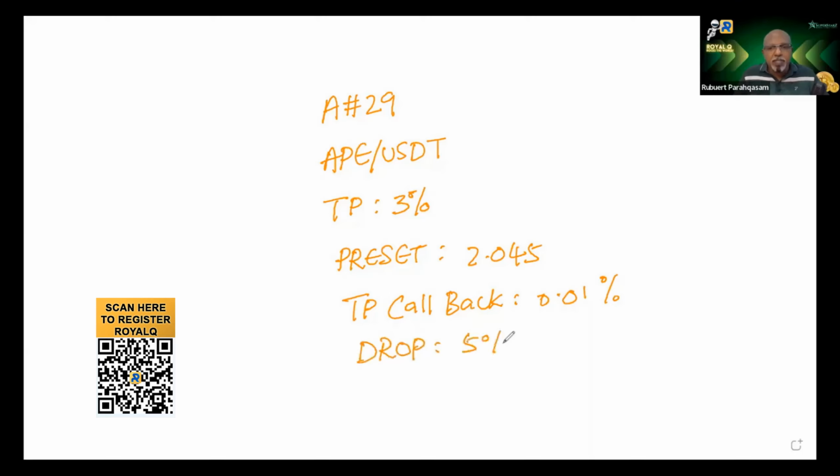Let's say 5%. What is drop? Drop means from the price that we bought, where is the support line occurring? How much we expect the market to drop in case the market drops. This is the structure of a signal. Now let me just write this over here.